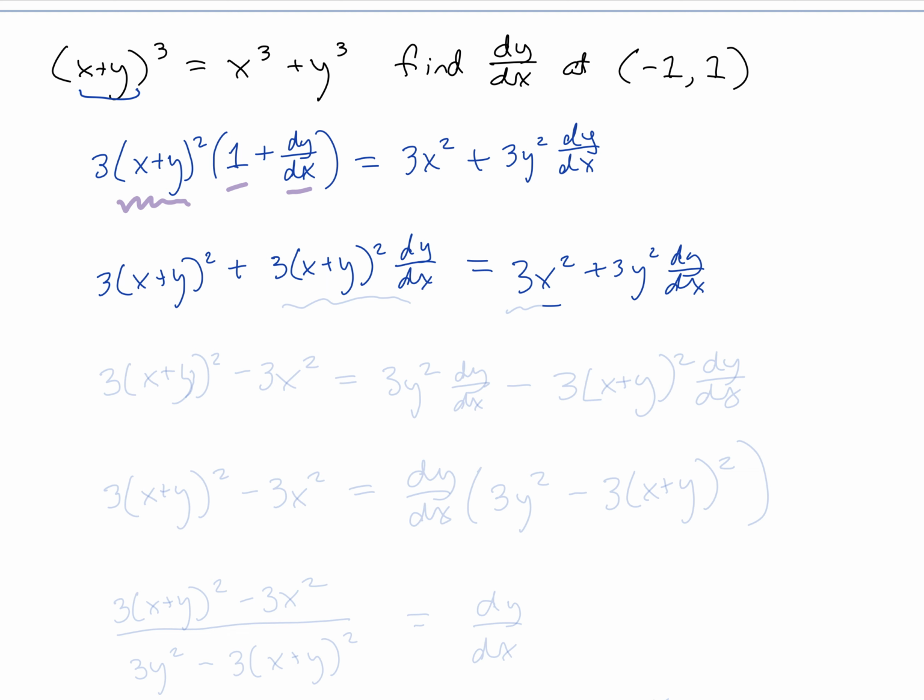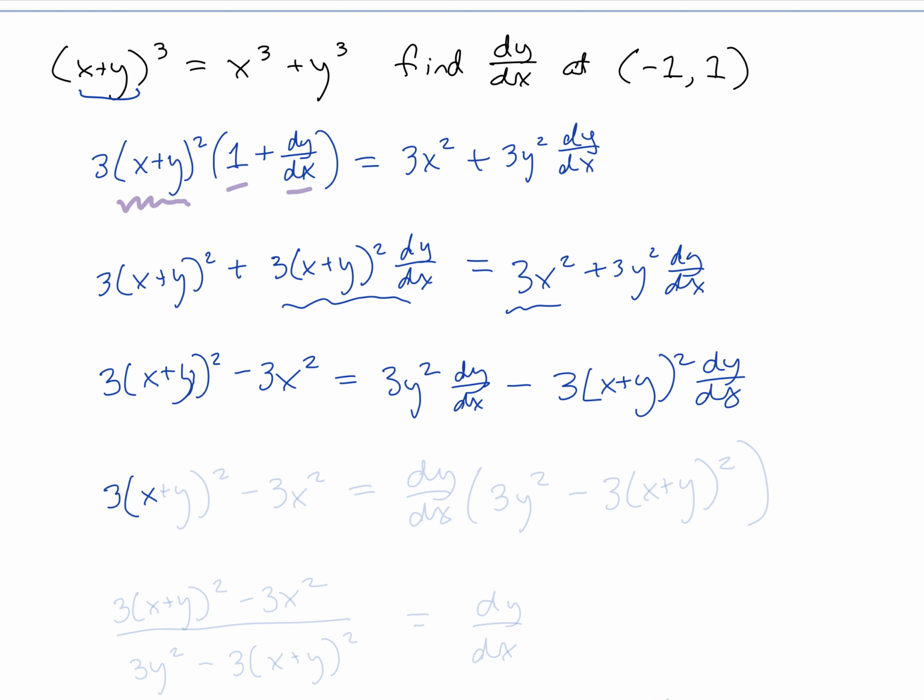So I guess I'll subtract this over and subtract this over. 3 times (x plus y) squared minus 3x squared equals 3y squared dy/dx minus 3 times (x plus y) squared dy/dx. And now I can collect my dy/dx terms together and factor.